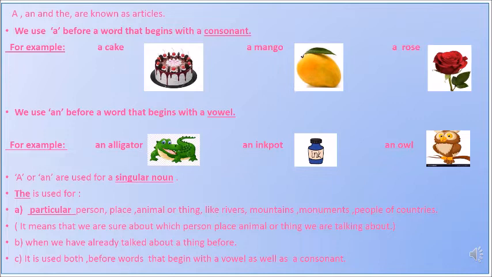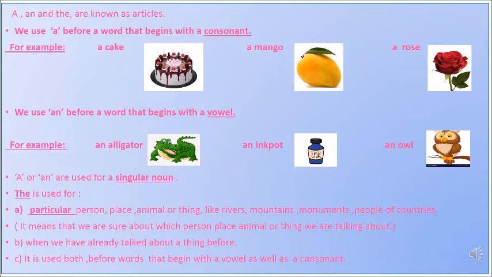Alligator. And what is the spelling of the scary animal? A-L-L-I-G-A-T-O-R. Alligator. And the first letter is A. A is a vowel. So when this word is starting with a vowel letter, before this word we will write an alligator.